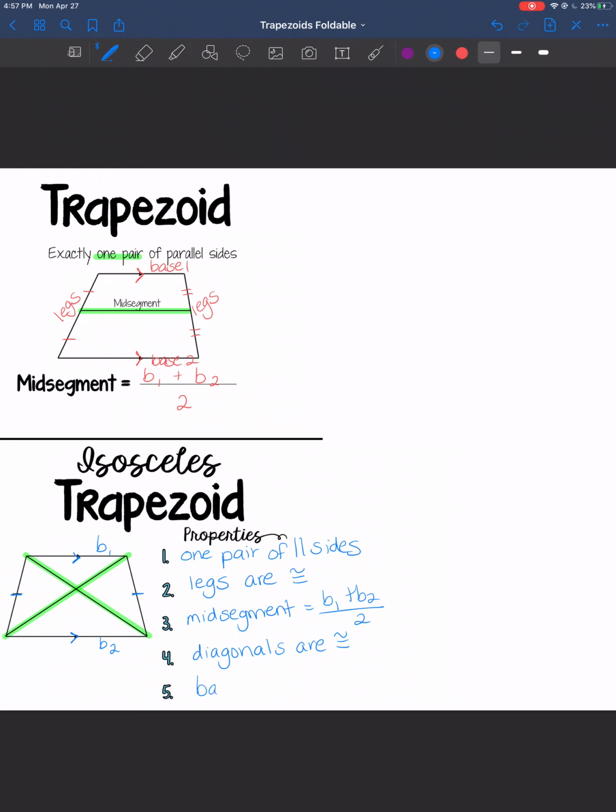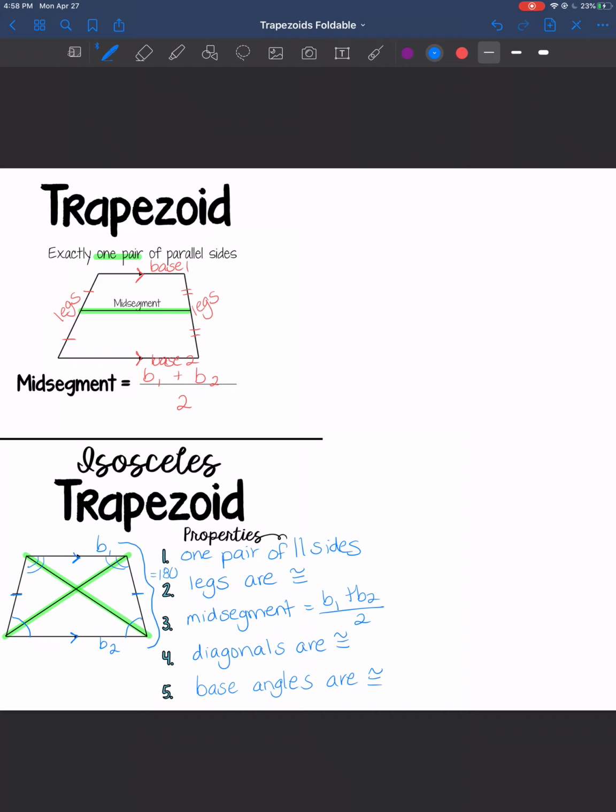The base angles for the first base and the second base are congruent. So here, this entire angle is congruent to the other angle, and these two top angles are congruent. You also know that since it's a quadrilateral, the consecutive angles are supplementary, so they equal 180.